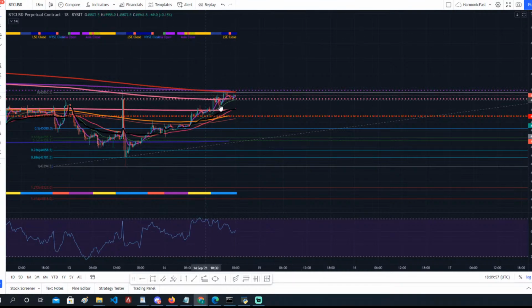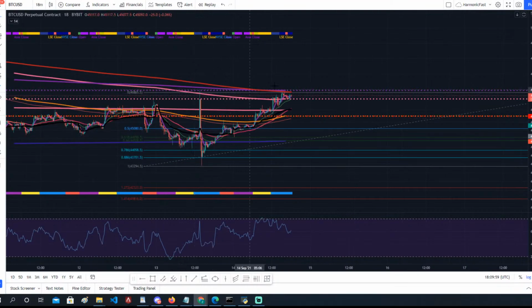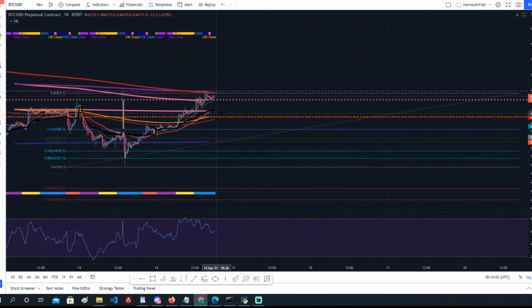So there is no need to FOMO into a long here, in my opinion. Of course, if we start flipping some of these areas into support, you could start looking for higher before we hit the golden pocket. But this is the best trade, so be patient. And here we can do some market making just to farm some rebates and have some trading activity.